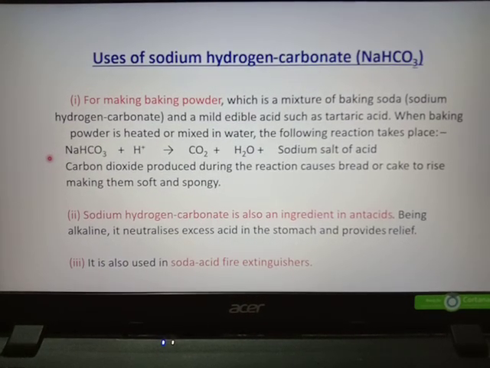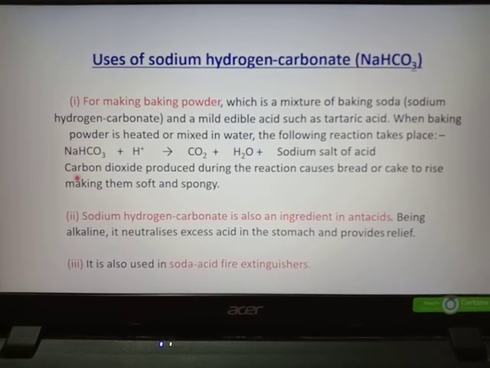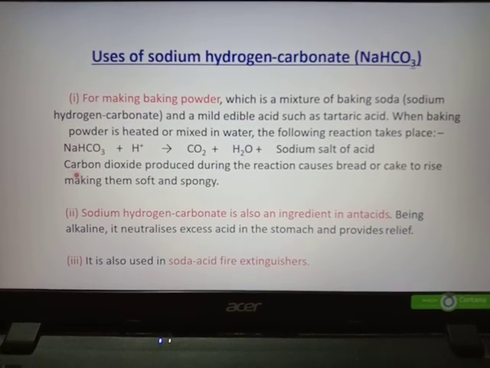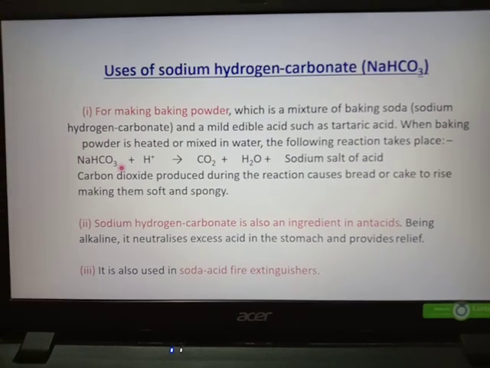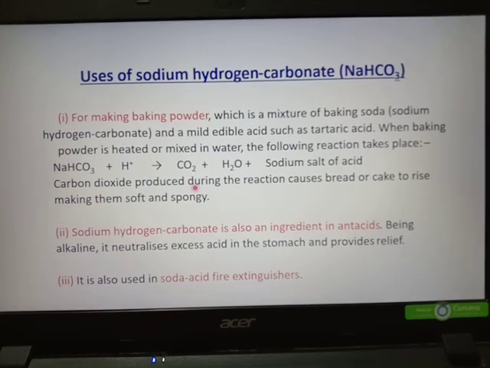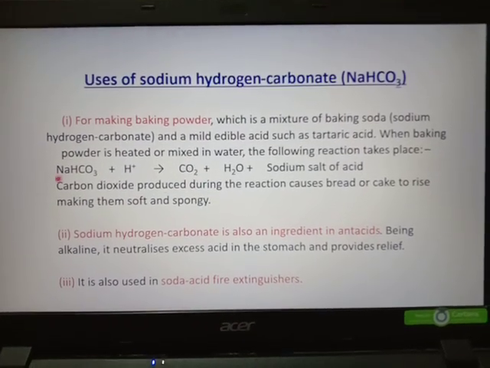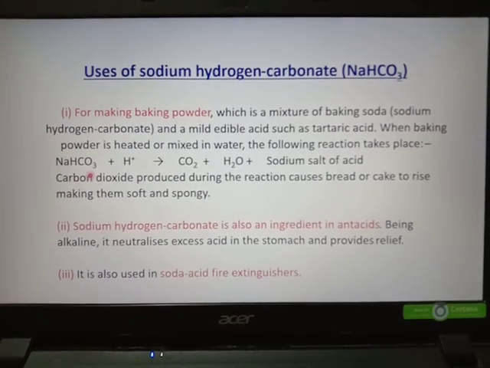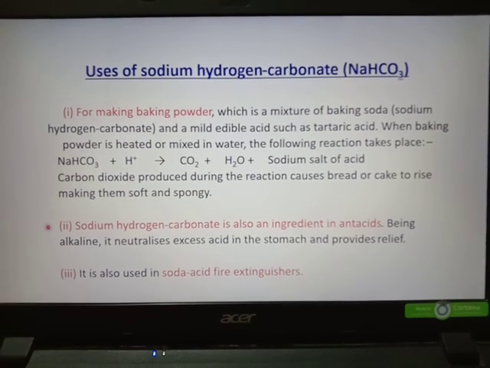Sodium tartrate is tasteless. It does not harm any food item. So tartaric acid is mixed in baking powder to remove the bitterness of sodium carbonate formed due to the decomposition of sodium bicarbonate, and making food items soft and spongy is a function of carbon dioxide gas evolved due to the decomposition of sodium bicarbonate.